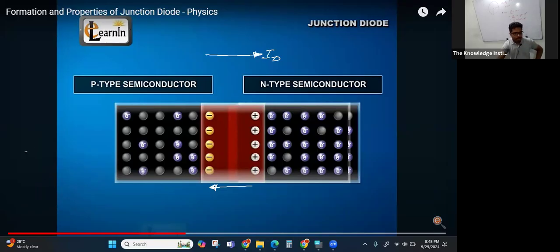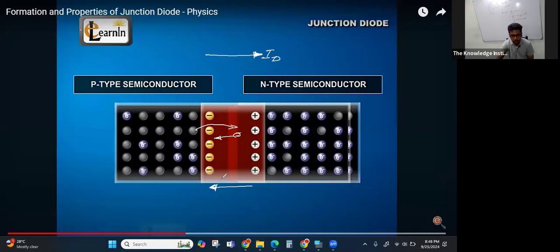As soon as this built-in electric field is constructed, if another hole tries to diffuse, due to this built-in electric field the hole will experience a force in this direction, so that the hole will move or drift towards the p-type semiconductor.